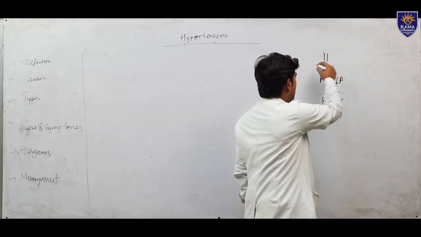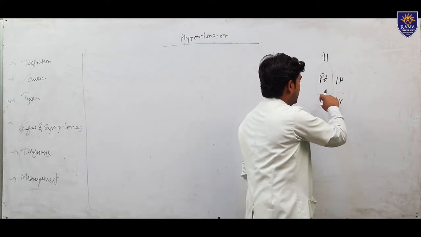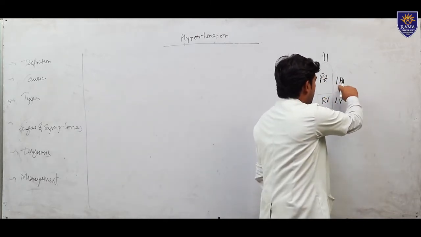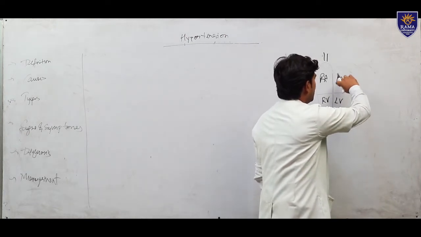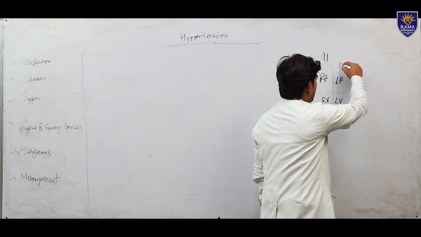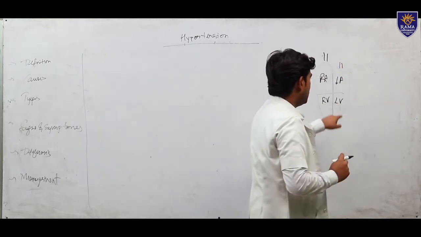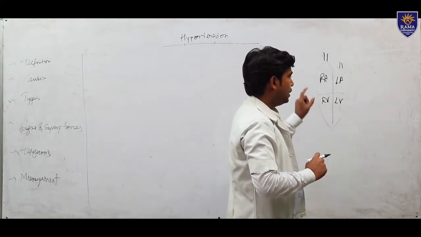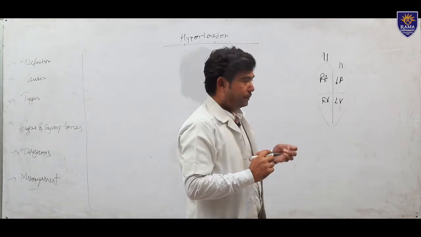Through the superior vena cava, blood comes from the body to the heart, and the pure blood, meaning oxygenated blood, goes out from the aorta into the whole body. Here, the circulation is maintained by the heart. The heart's work is the pumping of the blood.